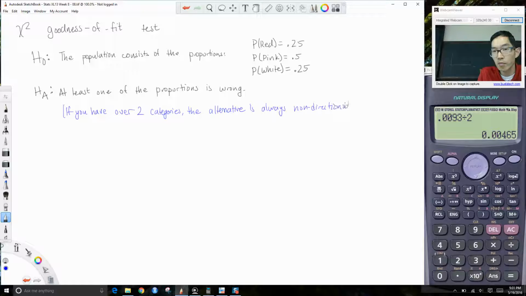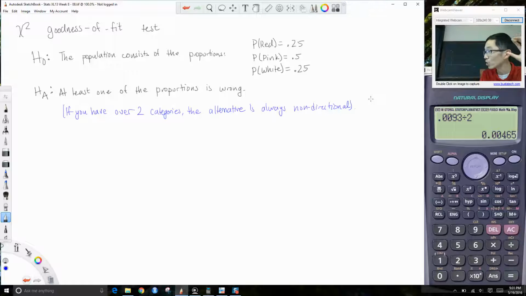If you have only two categories, you could have a directional alternative, because what it boils down to is that if you've got too much of category 1, then that means you don't have enough of category 2.